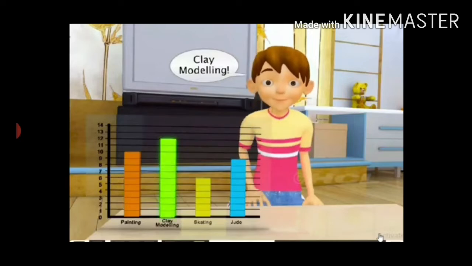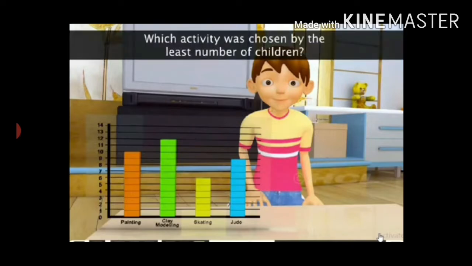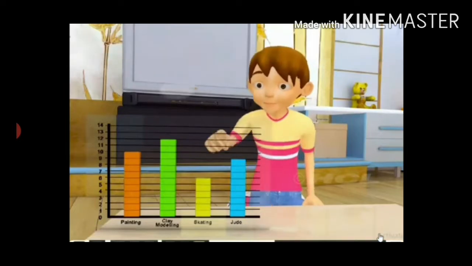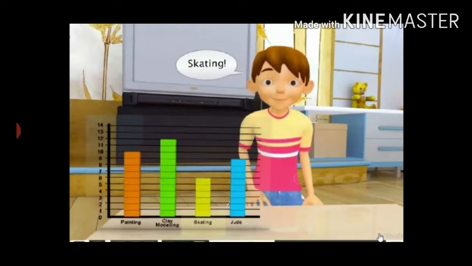Clay modeling is correct. Now, tell which activity has been chosen by the least number of children. Skating has the shortest bar. So, skating has been chosen by the least number of children.